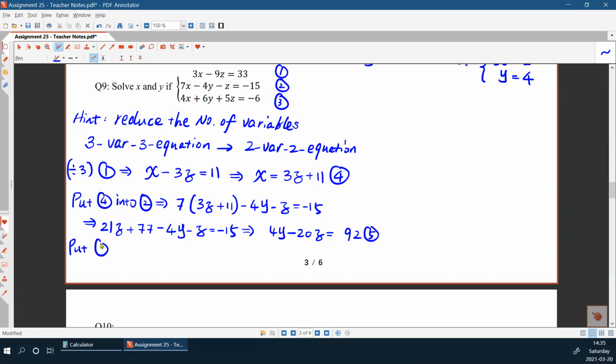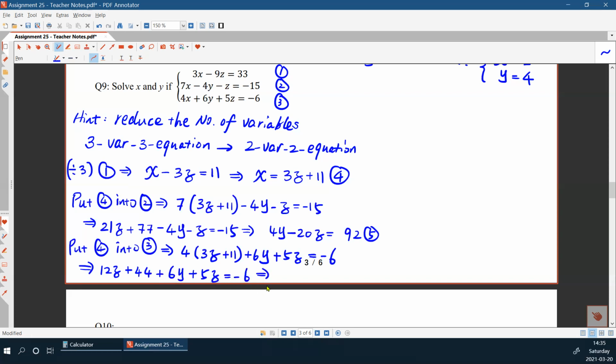Okay, so let's label this with 5. Then we can put number 4 into number 3. This will give us 4x. That means 4 times 3z plus 11 plus 6y plus 5z equals minus 6, right? Okay, and this can be further simplified. 12z plus 44 plus 6y plus 5z equals minus 6.